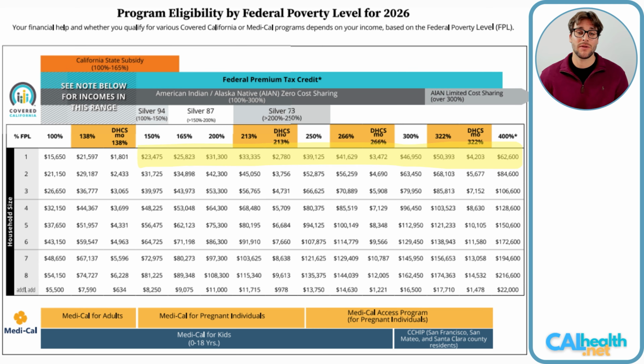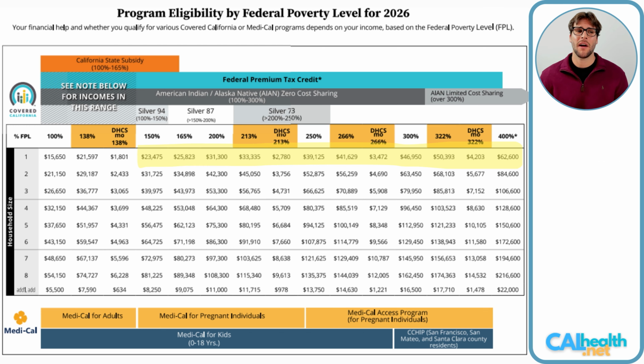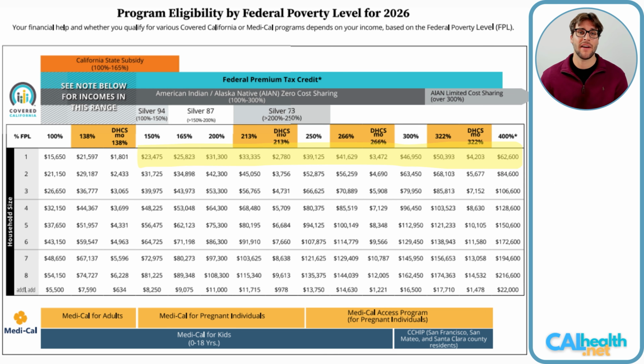So it's really important to notice that this is a sharp cliff, and you'll have to pay everything back if you just go $1 over it when it comes to your actual earnings versus your estimate. And how that works is Covered California compares your estimate with what the IRS's actual is at next tax time, and you either owe subsidy back or you recoup some of the subsidy. So that's how that works.